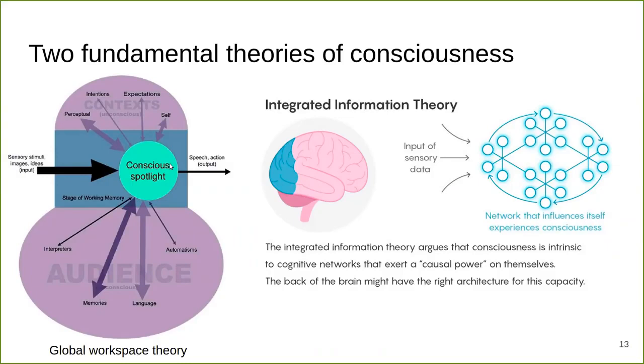And this action is influenced by some stuff that is unconscious. There are a lot of functions that affect this particular part of activity, but they are not in the spotlight. And so for a system to be really conscious, it has to have this type of a place where systems can interact with each other.